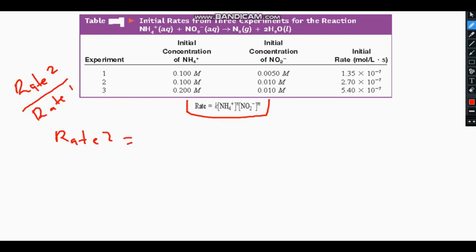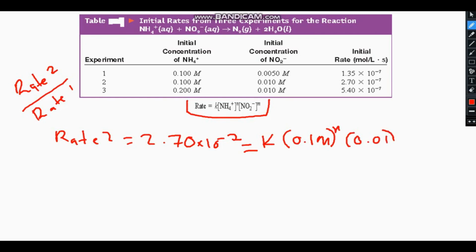We have 2.70 times 10 to the power negative 7 is equal to the k value, then the concentration of NH4 plus is 0.1 M to the power n, then the concentration of NO2 minus is 0.01 to the power m.